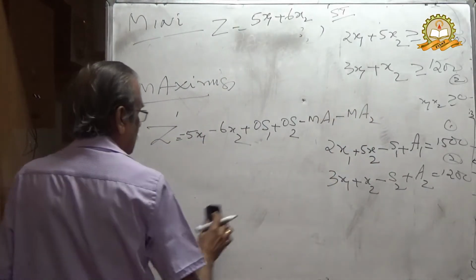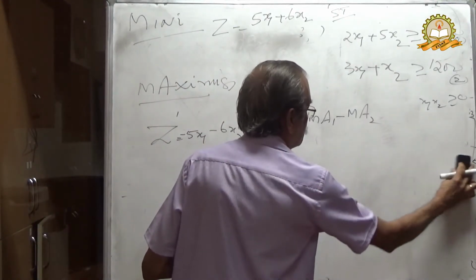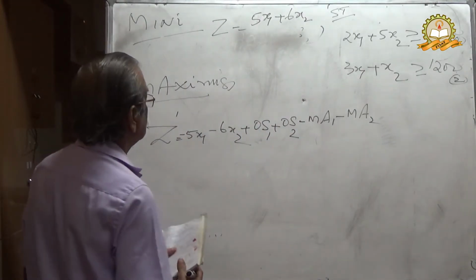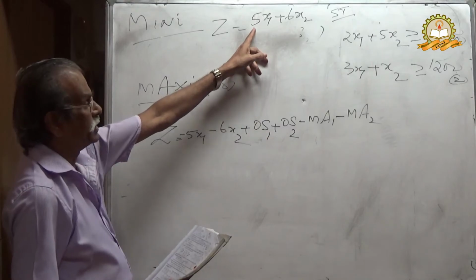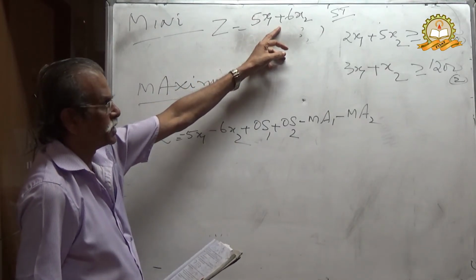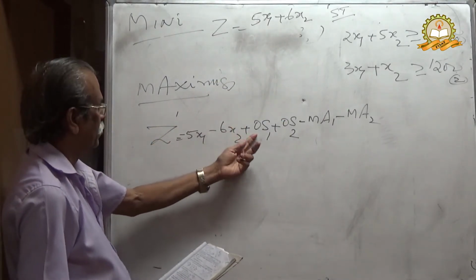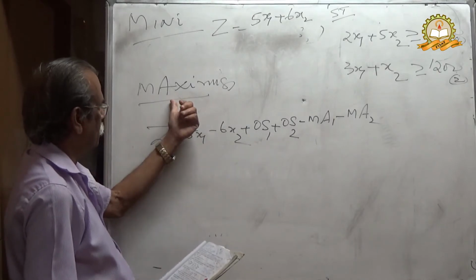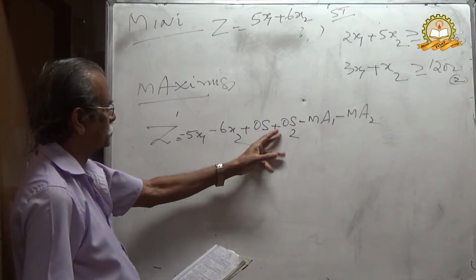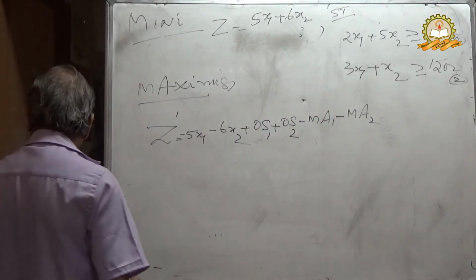I will repeat: a minimum objective changes into a maximum by multiplying by -1 the right side of the objective function. Since this is the Big M method, the objective function has plus 0s1, 0s2 only, and minus Ma1, minus Ma2, which are the artificial variables.